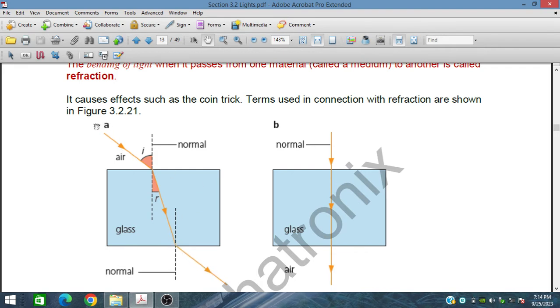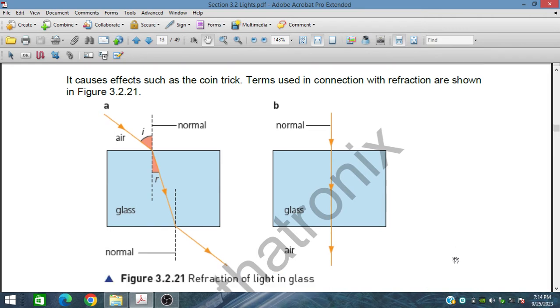So this is the way refraction occurs in glass. But whenever light enters at the normal position, it passes directly through, because the angle of incidence is 0 degree, so the angle of refraction will be 0 as well. So it will pass through directly.